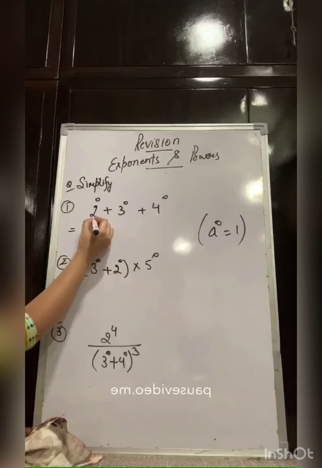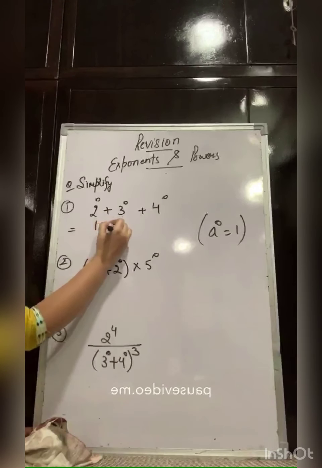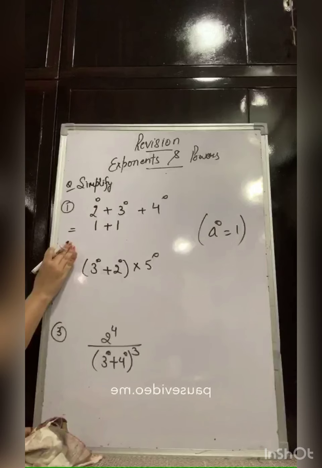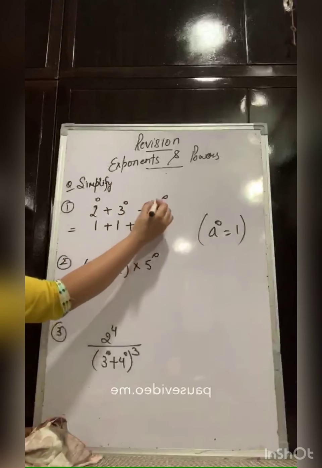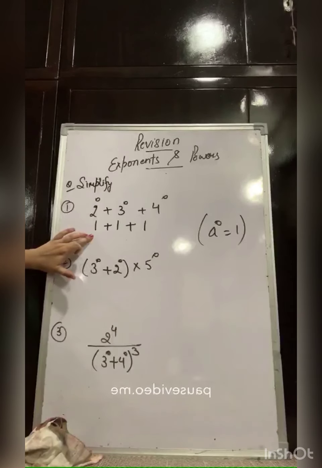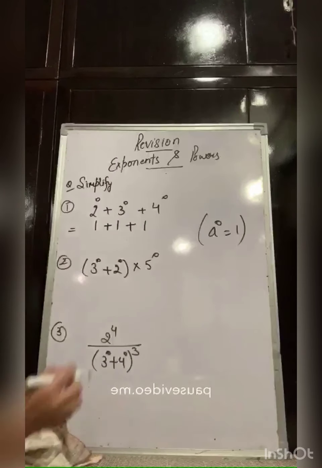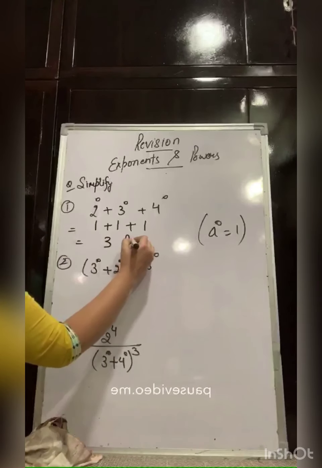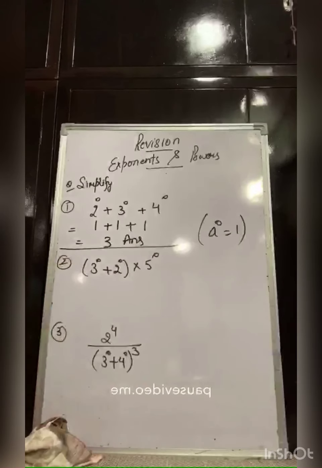So 2 raised to power 0 is 1, plus 3 raised to power 0 is again 1, and then plus 4 raised to power 0 is also 1. Then what we are left with is 1 plus 1 plus 1. It becomes 3. So our answer is 3.